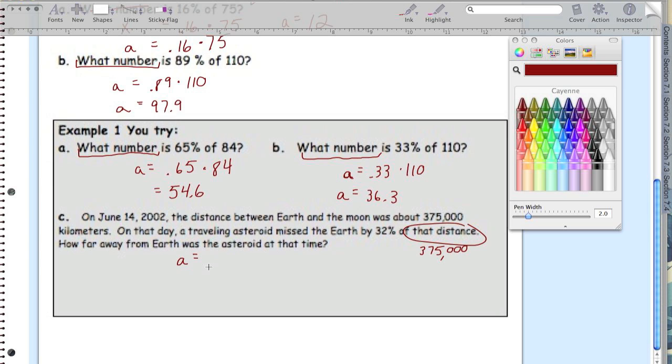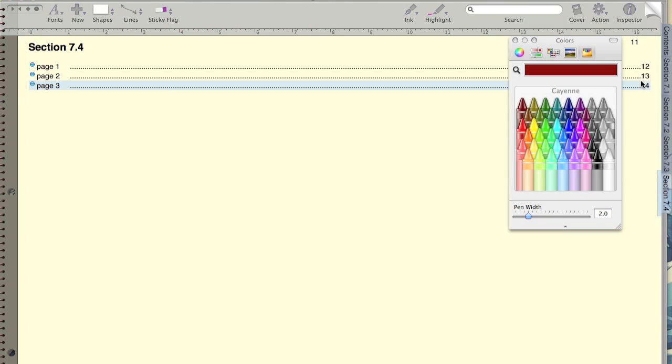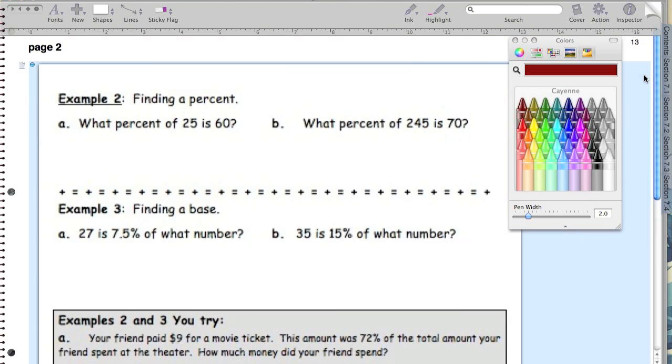So it's A equals 0.32 times 375,000. And we find that this asteroid was only 120,000 kilometers from the Earth. Pretty close, pretty close.